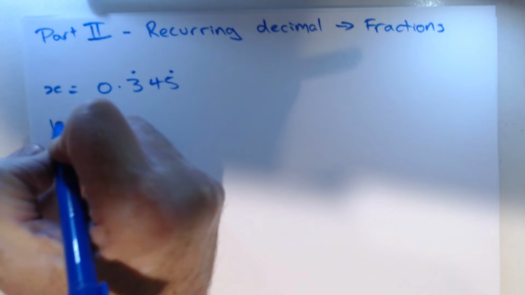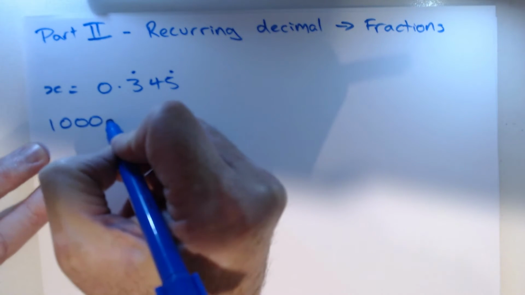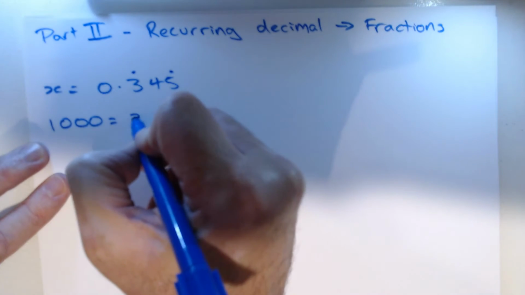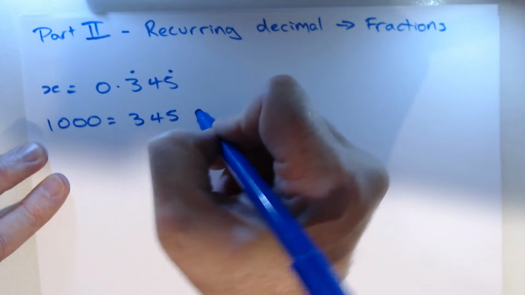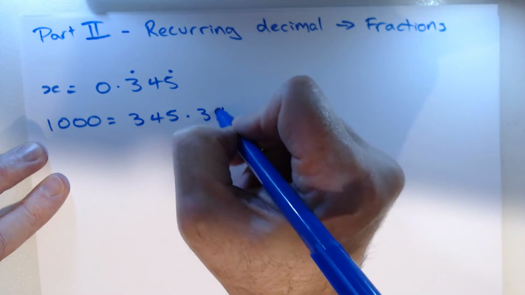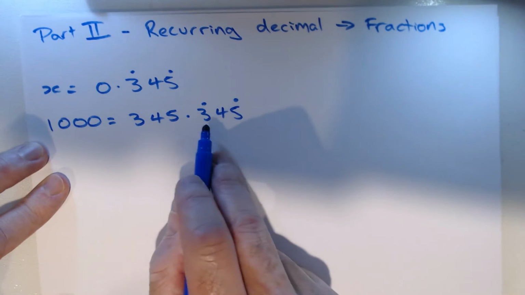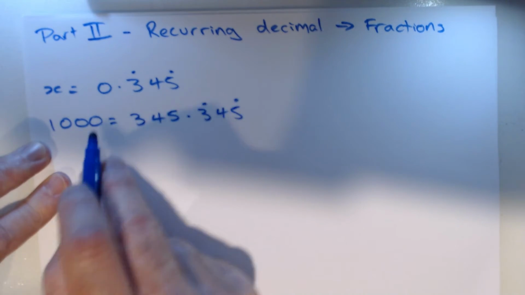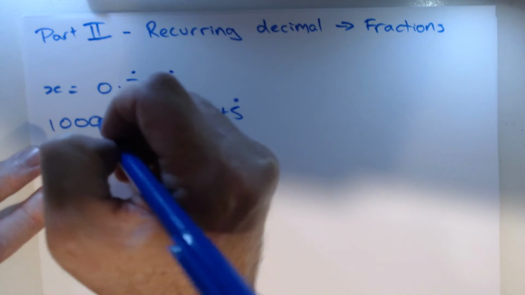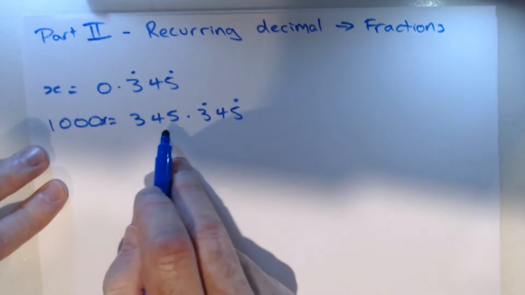So that means we've now got 1000x being equal to 345.345 with our repeater.